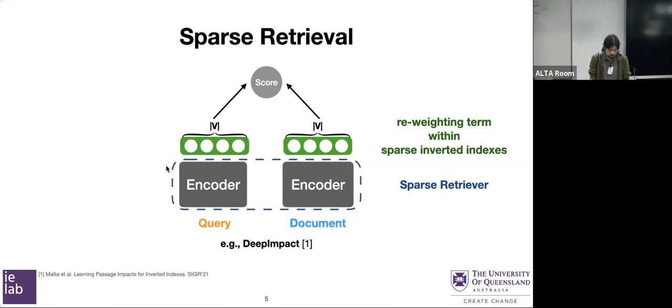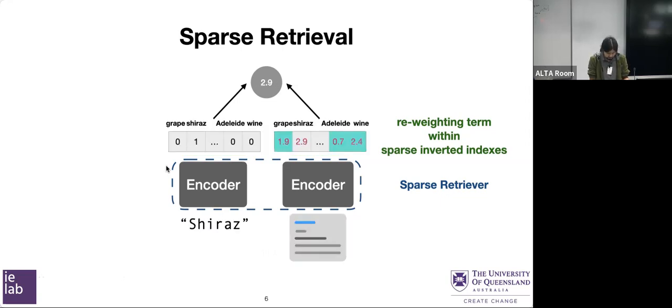It also uses pre-trained language models, but the goal is to improve the term weighting or the sparse representation of the queries and documents, typically by expanding the documents or computing new weights for terms. An example of sparse retrievers is DeepImpact. Here you put in Shiraz, and you will get a representation in vectors, but they are based on the index or vocabulary of the corpus which is being searched. Therefore, it's usually a high-dimensional and sparse representation compared with the dense representation we just discussed.